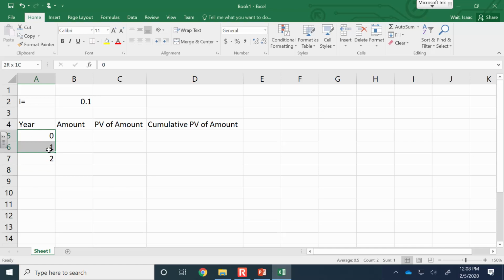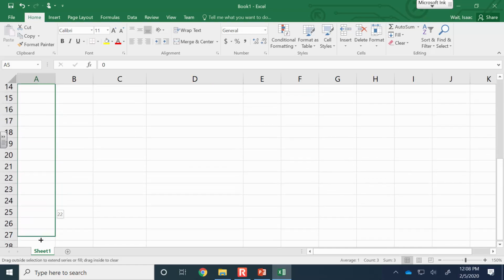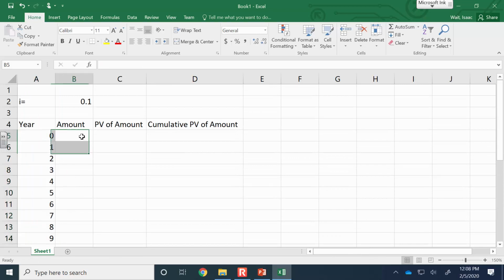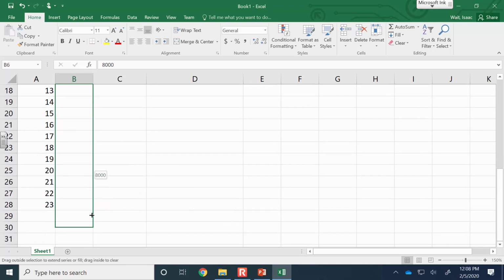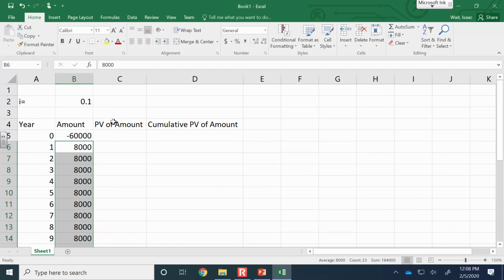So let's just go through time and find out what's happening to our investment. So the amount is that we pay $60,000 and then we receive $8,000 every year for, we don't know when it terminates. We just want to know, when are we paying off that original investment.